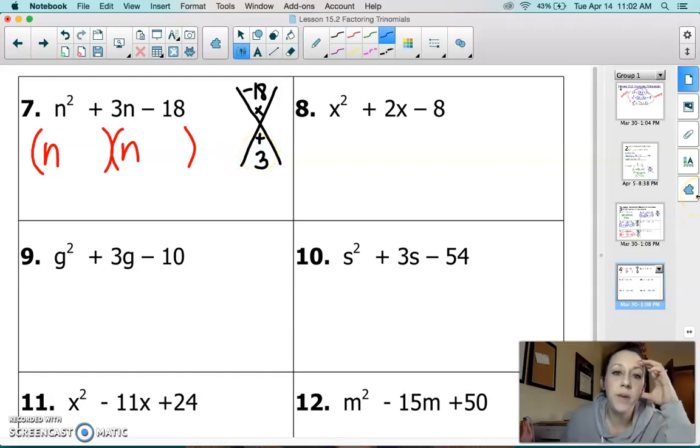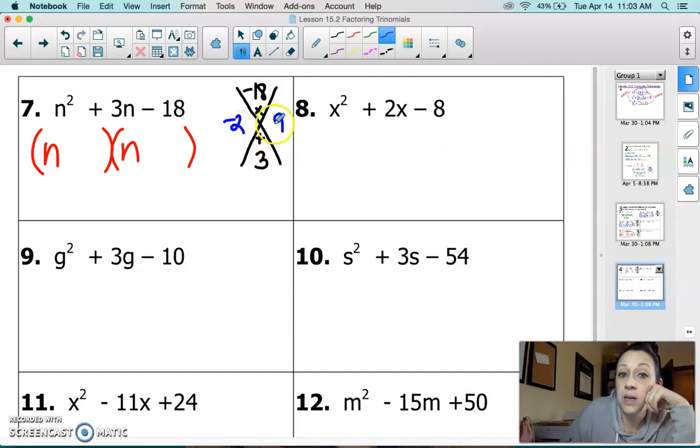Okay, and so now we got to figure out what times what equals 18, but not only 18, but negative 18. So I'll just throw something up there just to show you what I mean. So what times what equals 18? The first thing I can think of is 2 and 9. But if I want 2 times 9 to equal negative 18, I'm going to need one of those numbers to be a negative, right?